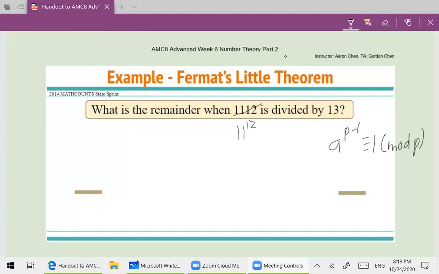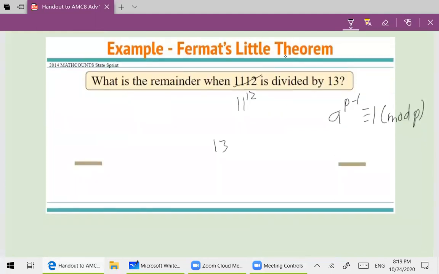Okay, so you should know by now that 13 is prime, so we can apply Fermat's little theorem here. In this situation, a equals 11, and the remainder is just 1, obviously.